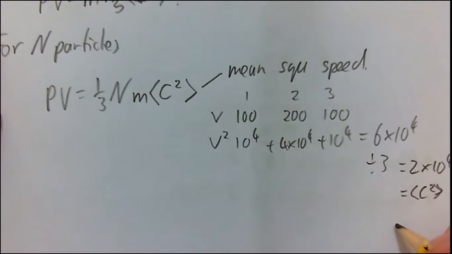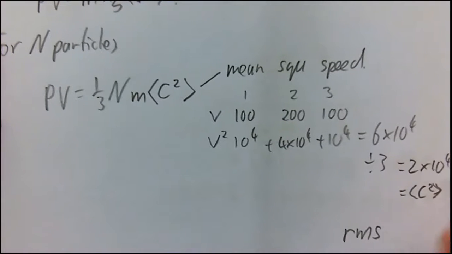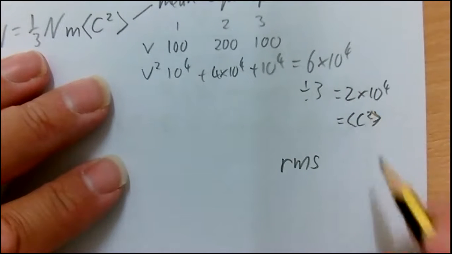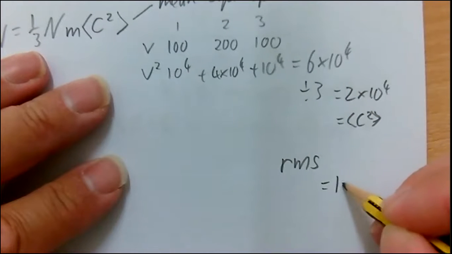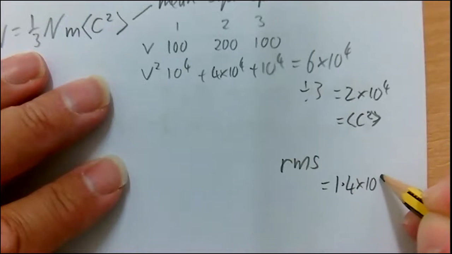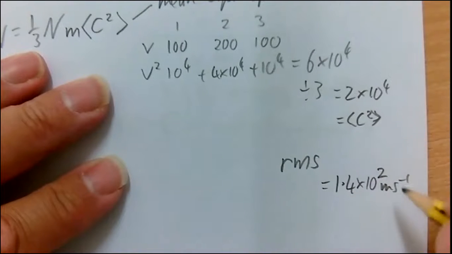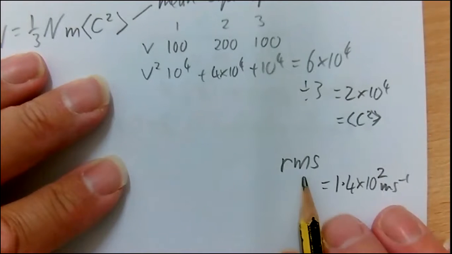To get the root mean square speed, pretty simple, all you've got to do is square root that number. So you end up with 1.4 times 10 to the power of 2 meters per second. Okay, so that would give you the RMS value for the particles, the root mean square.